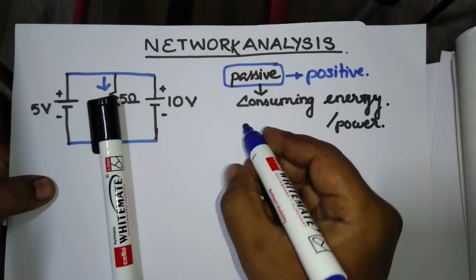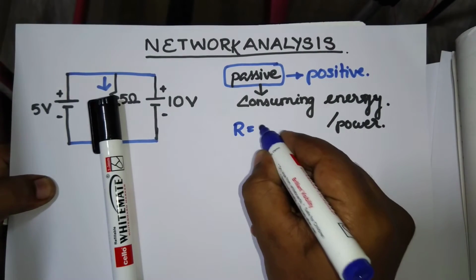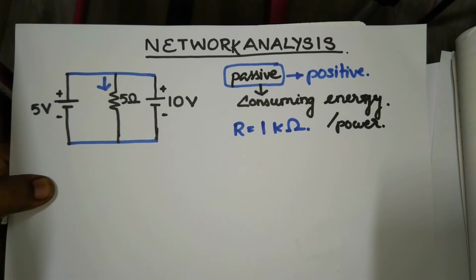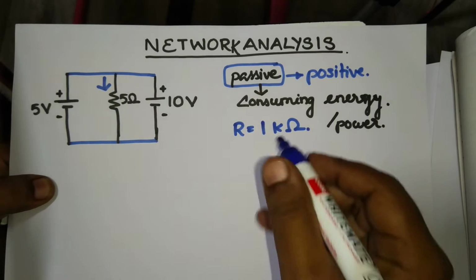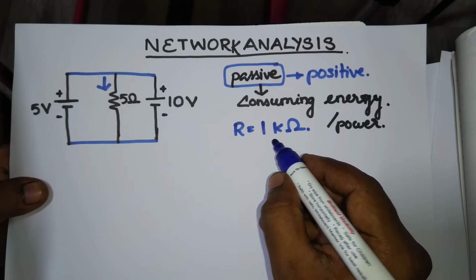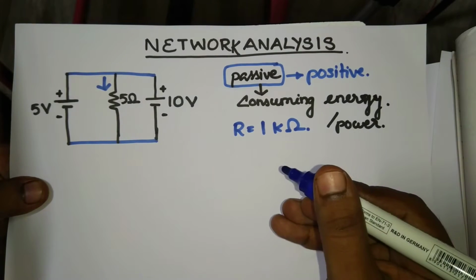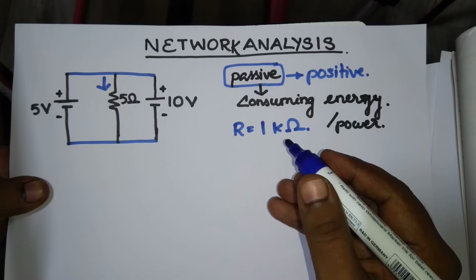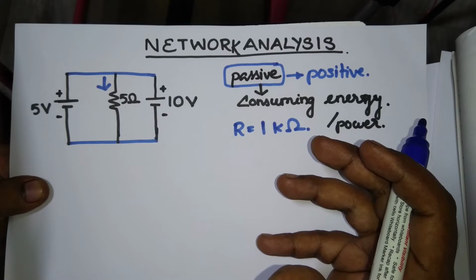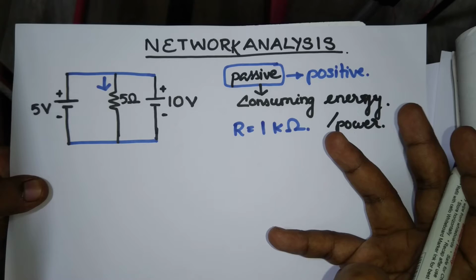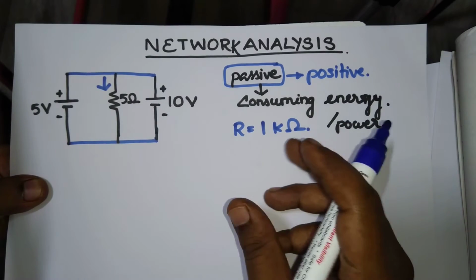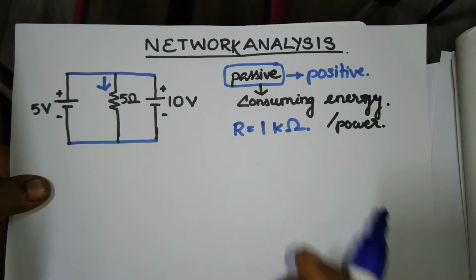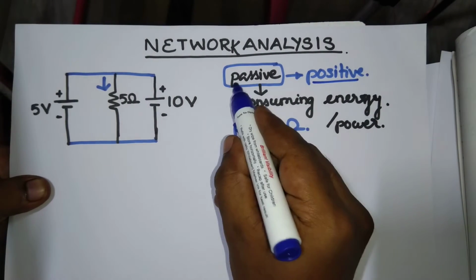Did you ever see, for example, R equal to 1 kilo ohm? Nowhere do we see R equal to negative 1 kilo ohm or negative 1 mega ohm or negative 100 ohms, or some negative 33.3 kilo ohm. So R, L, C, we always see them as positive values. The meaning of positive is they are passive.